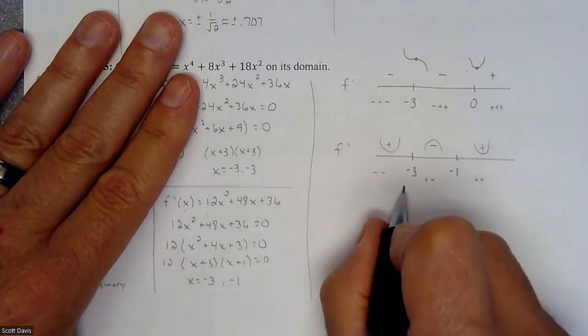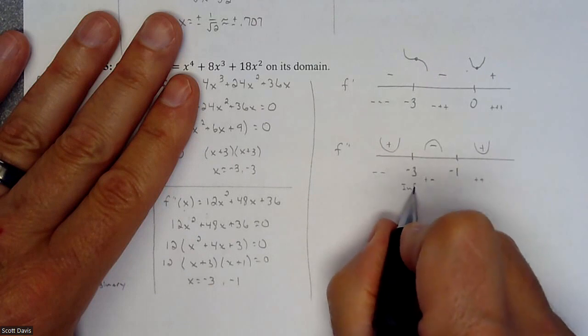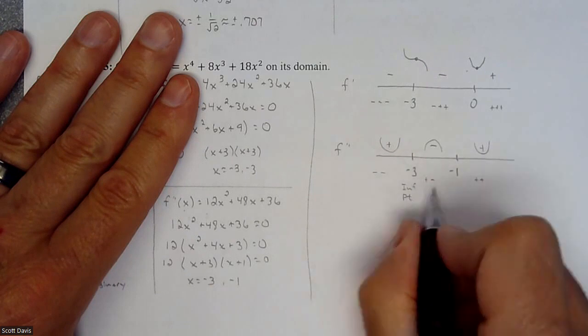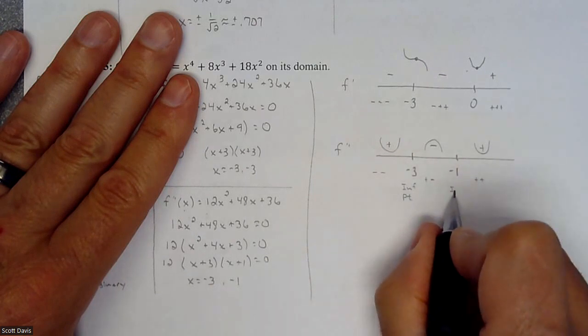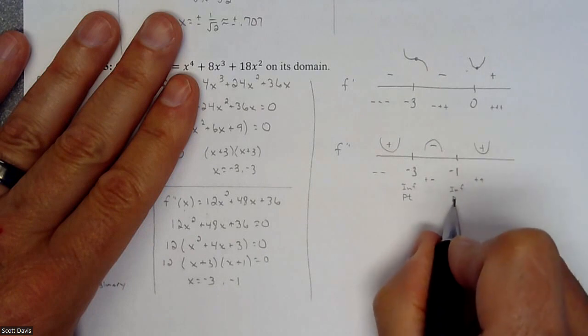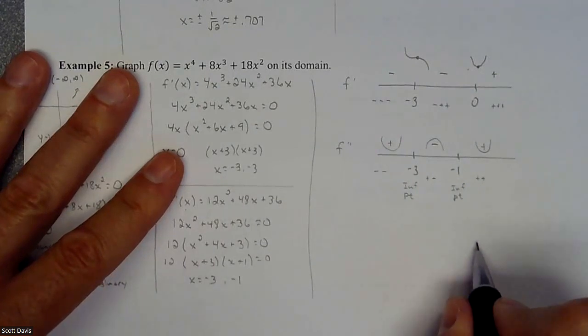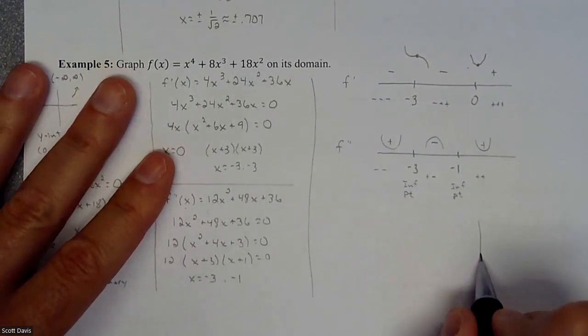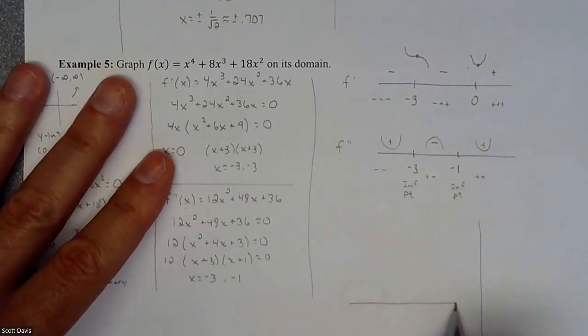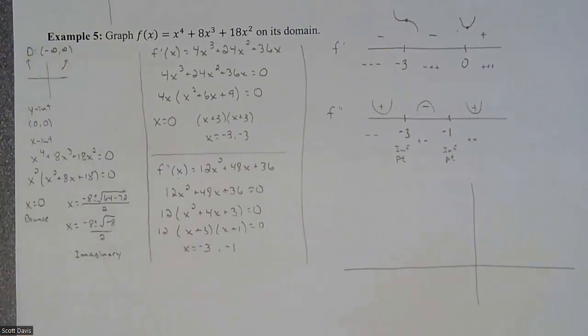So positive and negative is going to give us an inflection point at -3 and an inflection point at -1.